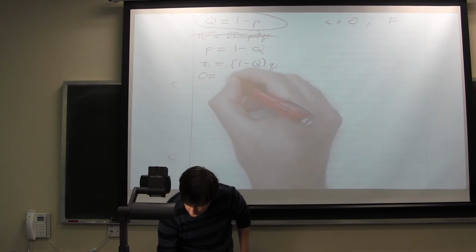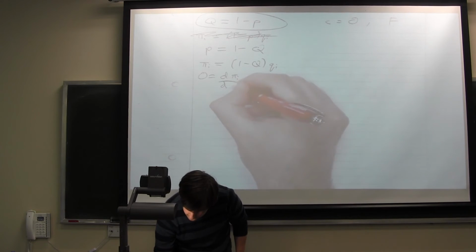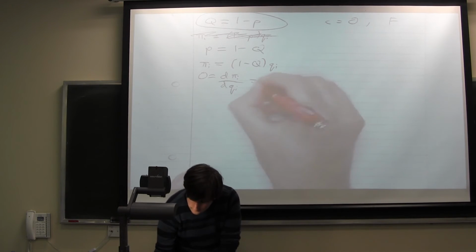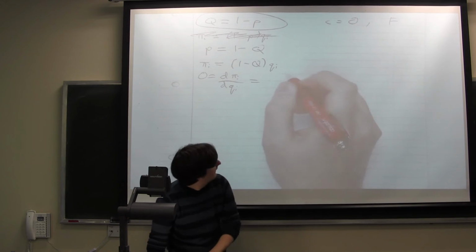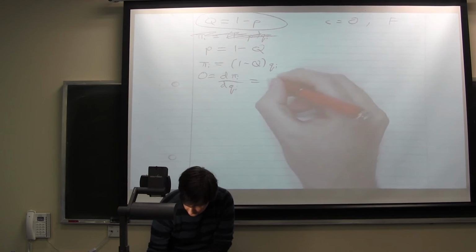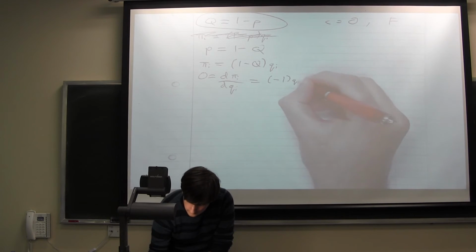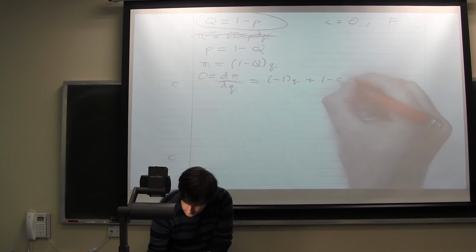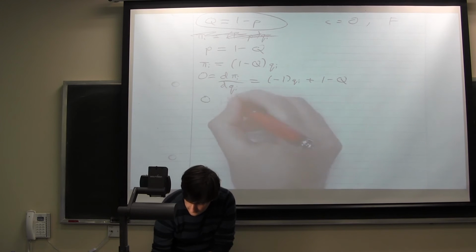What's the first order condition? d pi i over d qi. Again, the derivative of big Q with respect to little q is just 1. So this is minus 1 times qi plus 1 minus Q. Add them all together. Are you bored of adding them all together yet?